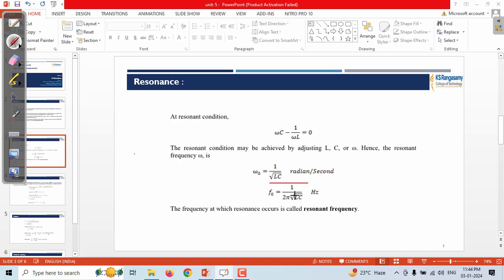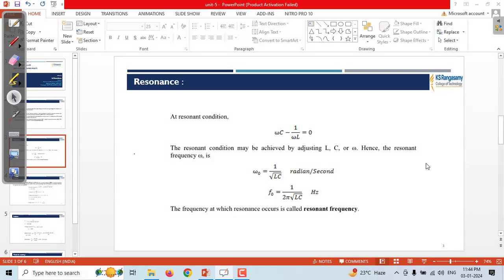This is the resonant frequency formula: f naught equals 1 by 2 pi root of LC.